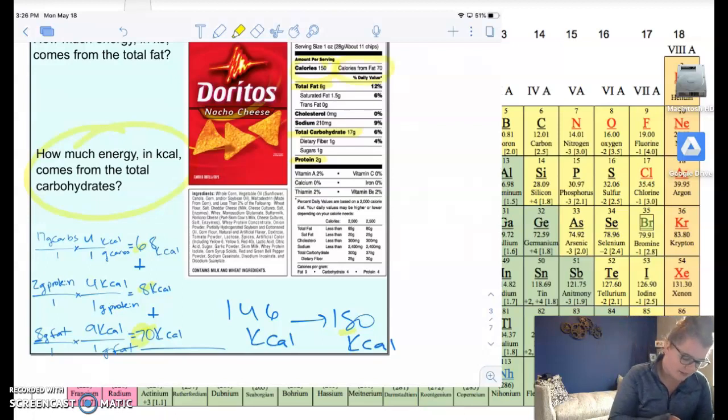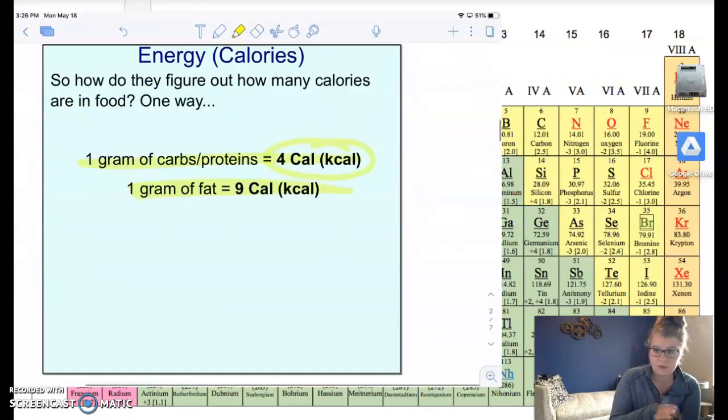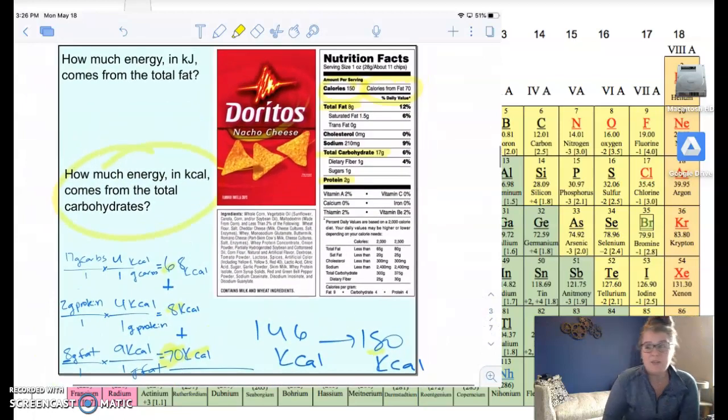Also, the calories from fat, 70, we've got down there as well. So basically, if you know what you're putting into the food, and then you keep in mind these conversions here, that is one of the ways you can figure out how many kilocalories are located within the food.